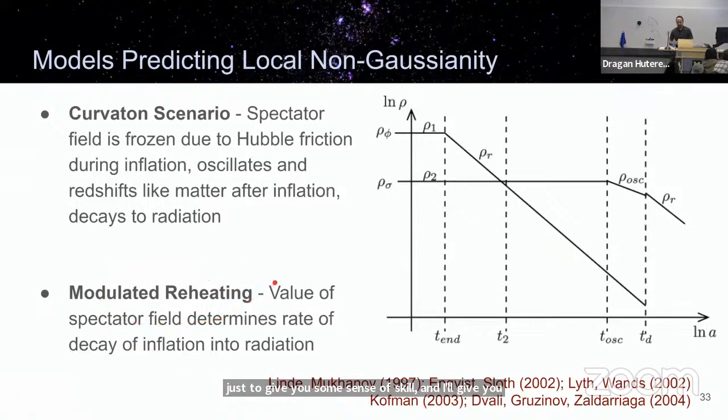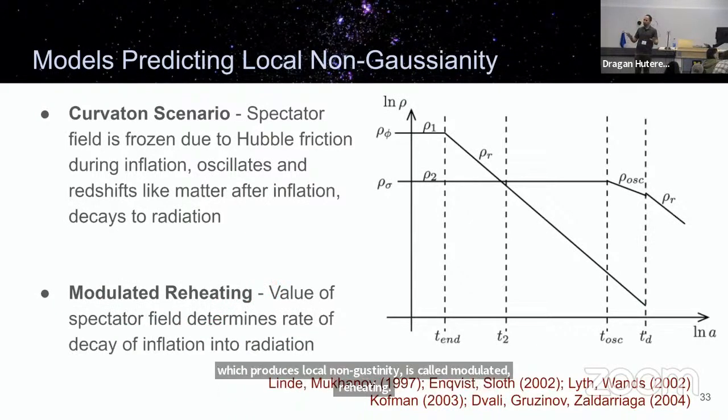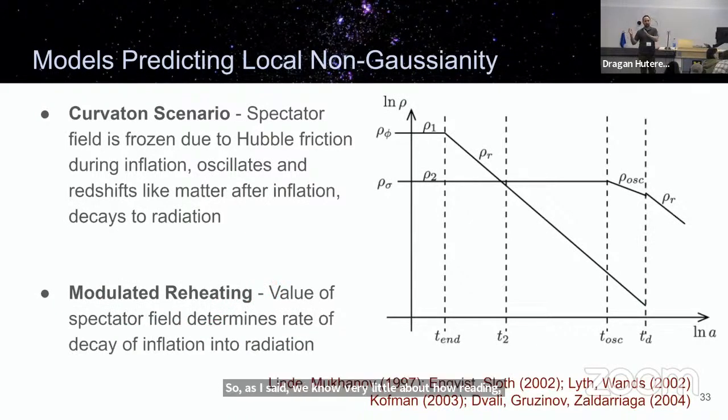Another multi-field scheme, which produces local non-Gaussianity, is called modulated reheating. As I said, we know very little about how reheating unfolds, but it's this transition from scalar field dominated evolution into a thermal state. Modulated reheating is the idea that maybe there's a spectator field around that received quantum fluctuations during inflation, and which is responsible for determining the rate at which the inflaton field decays into radiation.